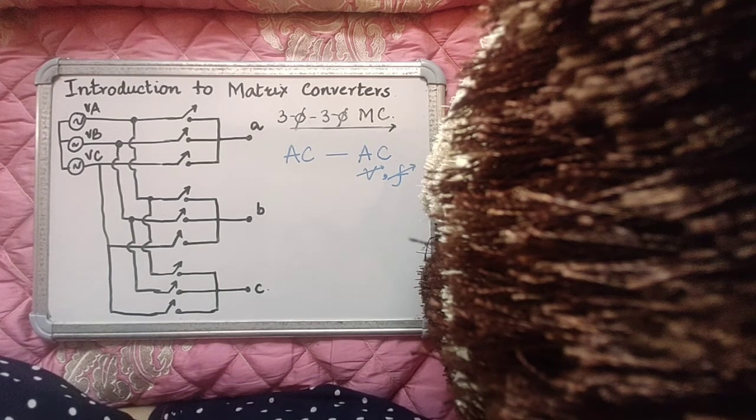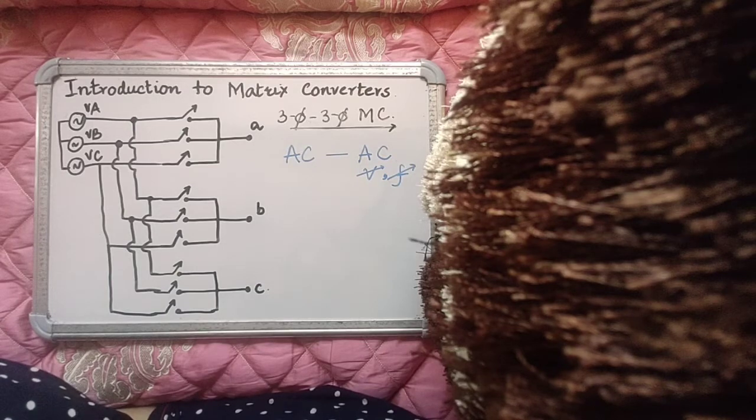The converter limitation is that the maximum voltage available at the output of the converter is only 86.6% of the input voltage. So the voltage transfer ratio of the converter is limited to 0.866. Anything between 0 to 0.866 times the input can be made available at the output.